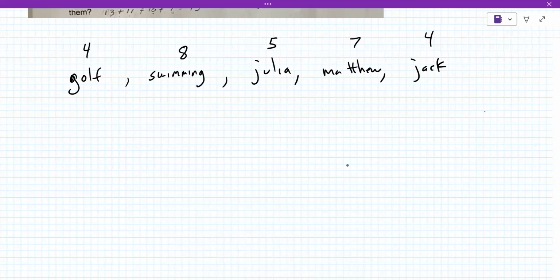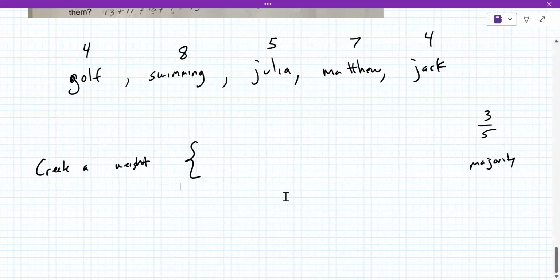And let's say we need a 3/5 majority. So when it says to create a weight, it looks like you start with a curly brace and you add these all up first. And then you take a fraction of this.